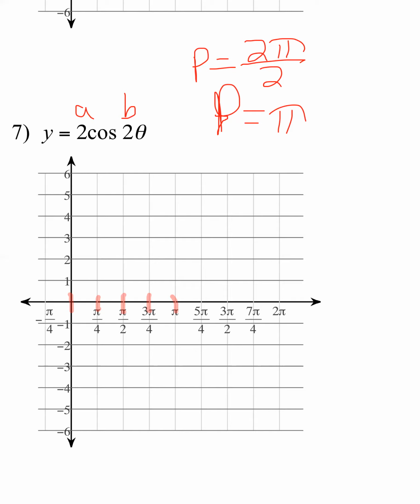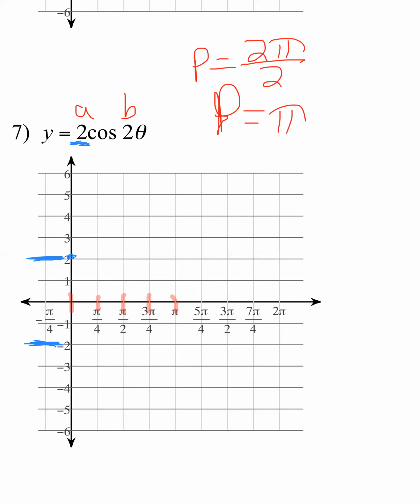All right, my amplitude is 2, so that means I'm going to be bouncing in between +2 and -2, right? My whole graph will exist in that one little window. So it's cosine, so do I start at the origin? No, I'm going to start up at 2.